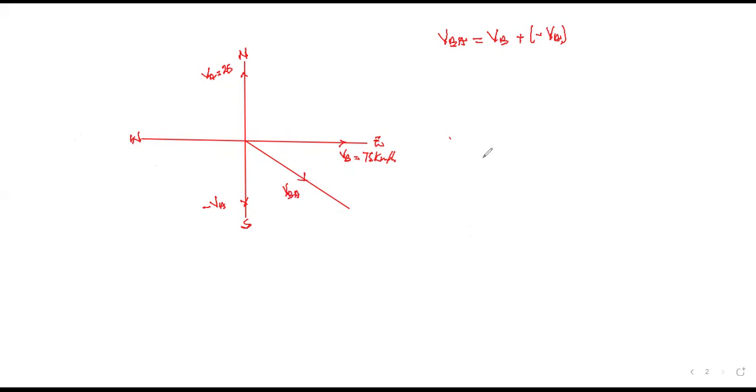So VBA squared would be equal to 75 squared plus 25 squared.